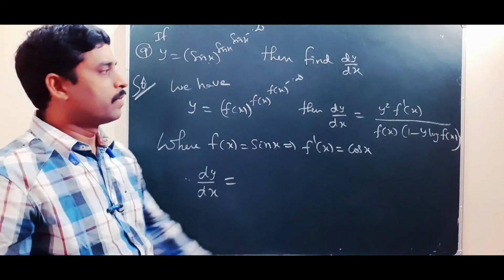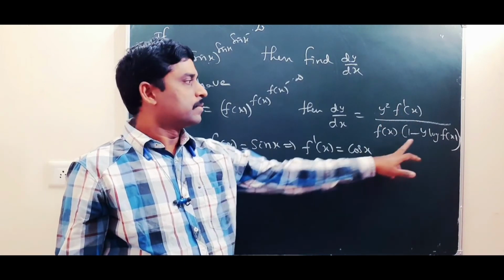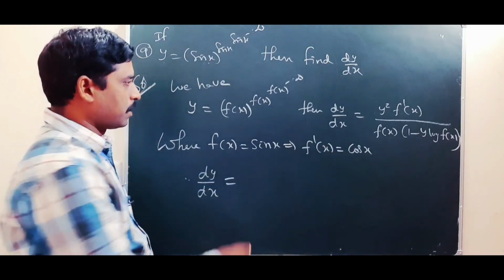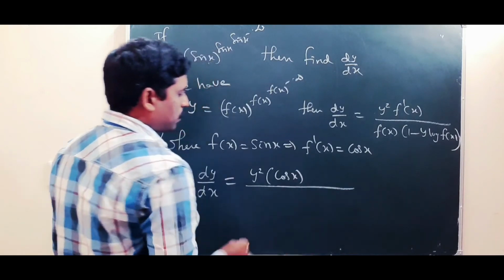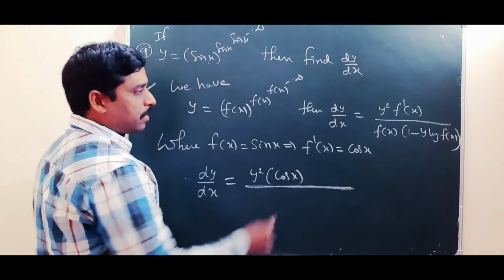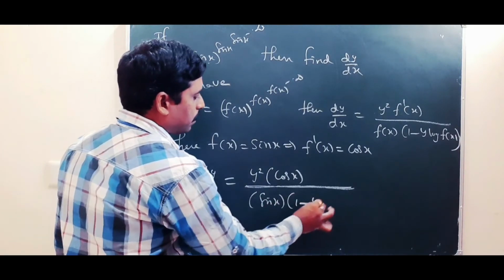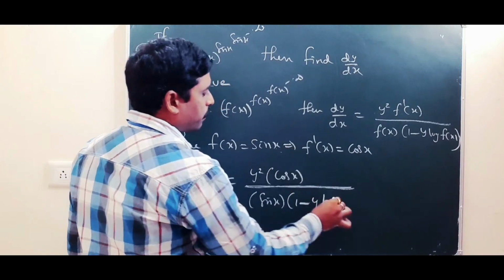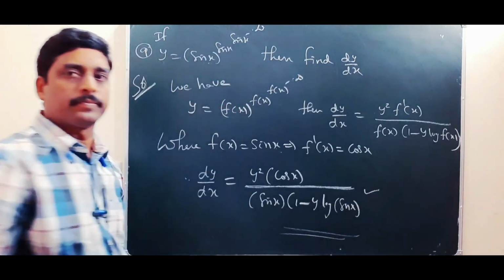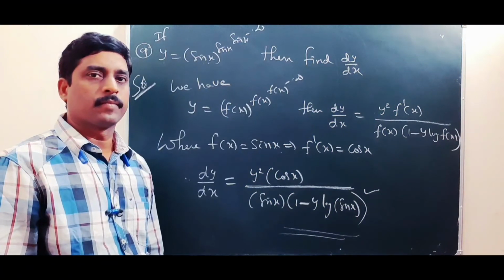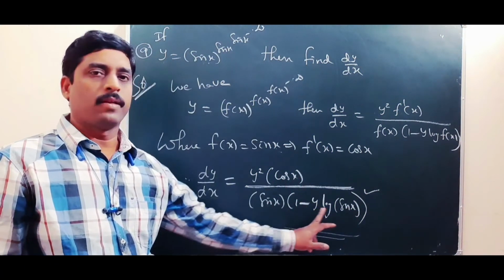This will be y square into, where f dash expression write cos x, divided by f of x, where f of x value is sin x, into 1 minus y log, where f of x expression write sin x. So this is the answer. Okay, y square cos x by sin x into 1 minus y log sin x.